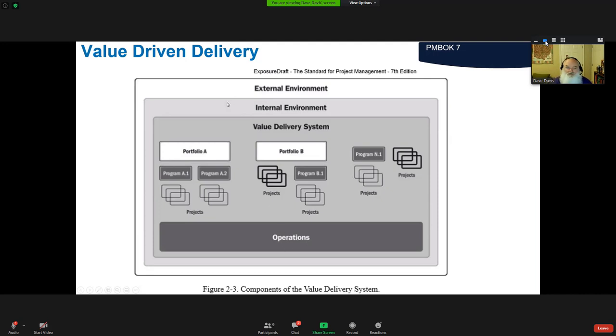And we look at the entire internal and external environments. Internal environments often consider things like infrastructure projects, things that you have to do to keep the lights on. And then external, of course, is driven by a multitude of external pieces. But the idea of value-driven delivery is at the core, and it's influenced by several different environments, and we have to be supported by an operation on things moving forward.